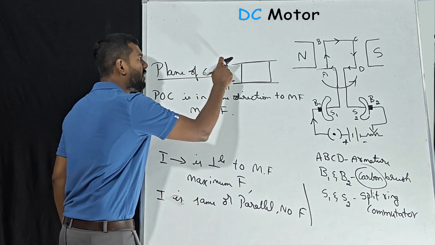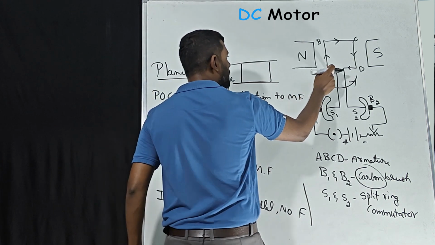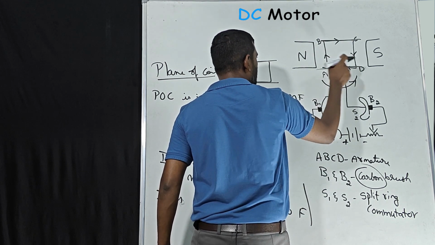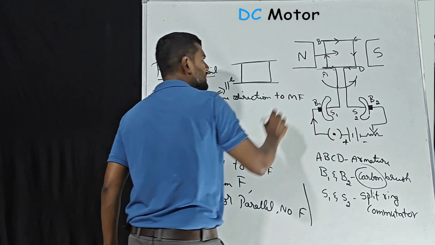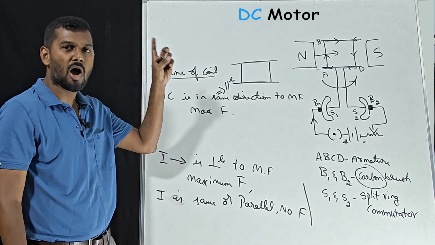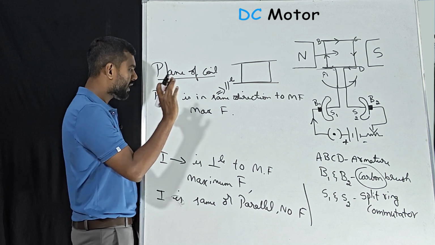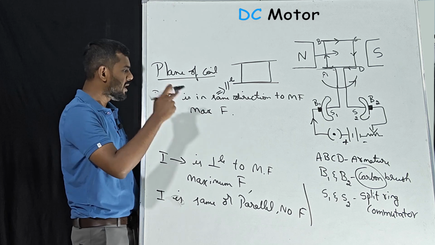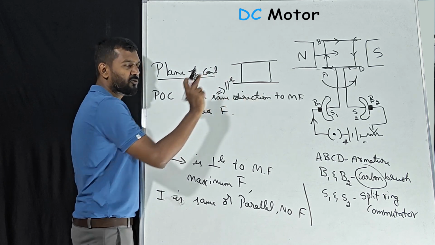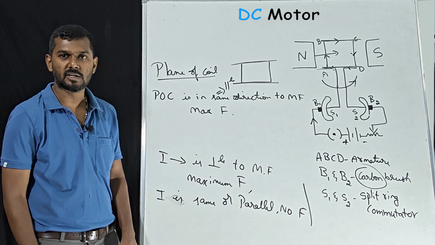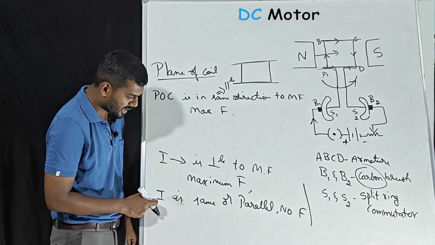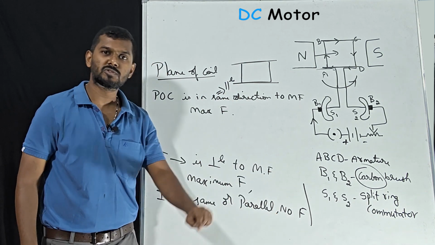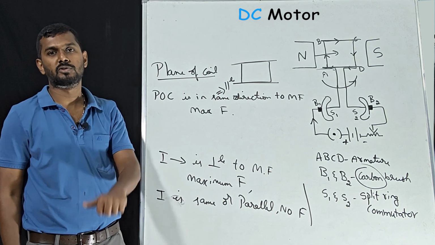At the present situation, this is the plane of coil, and this is parallel to the direction of magnetic field. If the plane of coil is in the same direction or parallel to the direction of magnetic field, then the maximum force will be generated. Compare this with the earlier case: when the current is same or parallel to the direction of magnetic field, no force will be generated, but here maximum force will be generated.